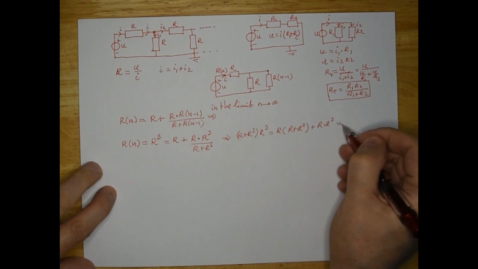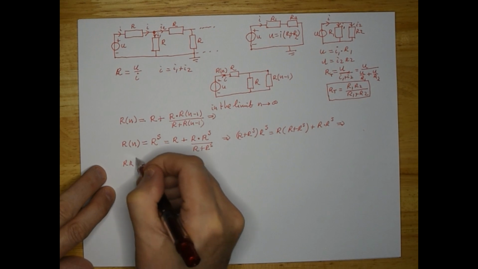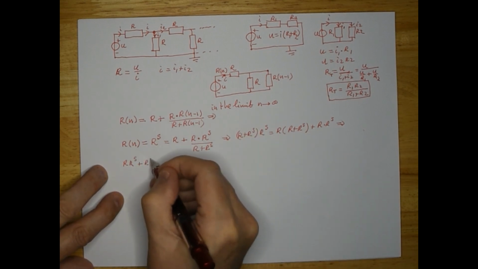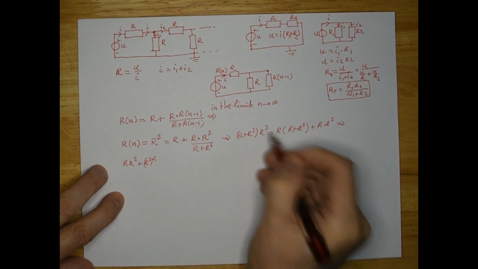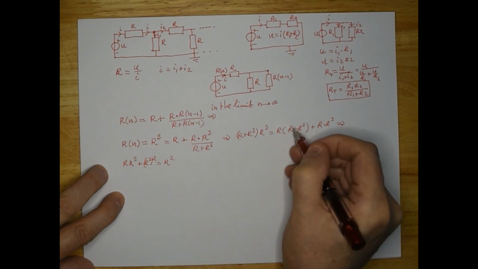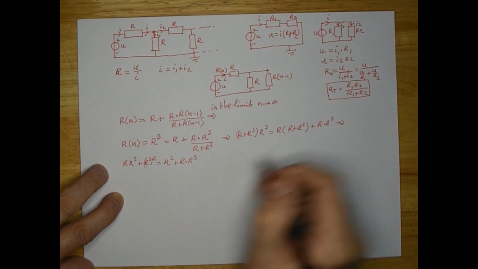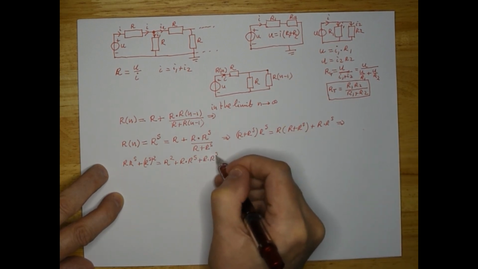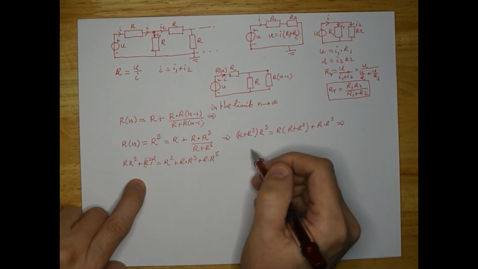Now we can work this out a little bit more, and we say Rs plus Rs squared, right, that times that, equals R squared, R times R, plus R times Rs, that times that, plus R times Rs.